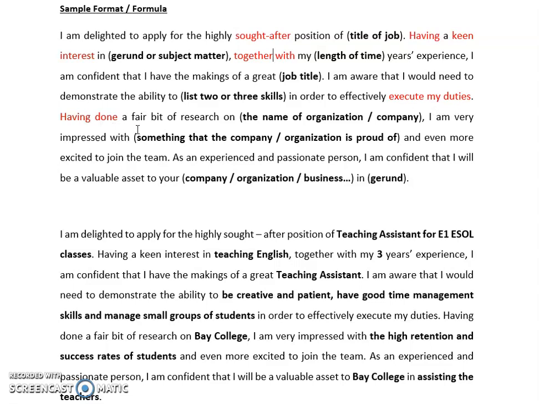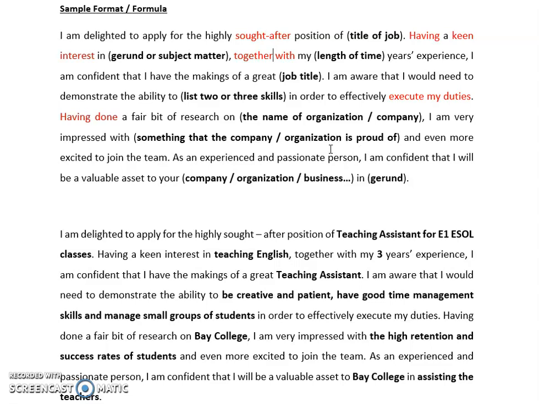Having done a fair bit of research, having done is passive voice, and it means I have done. When you start a sentence with a gerund, you make it passive. Having done, it means I have done. I have done quite a bit of research on the name of the company. I am very impressed with the things that the company is proud of.